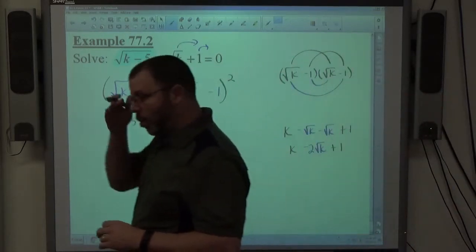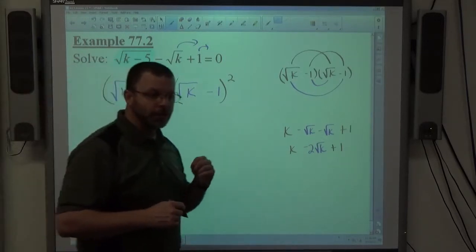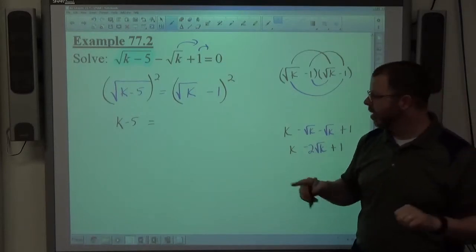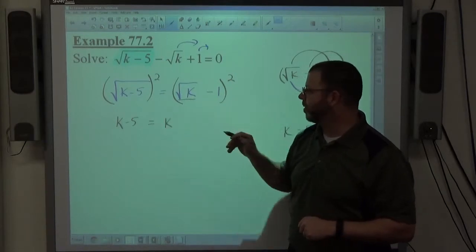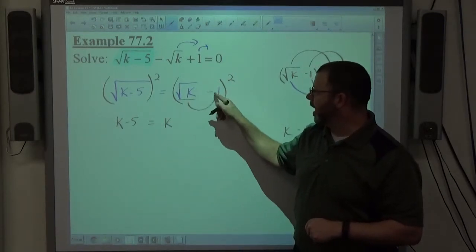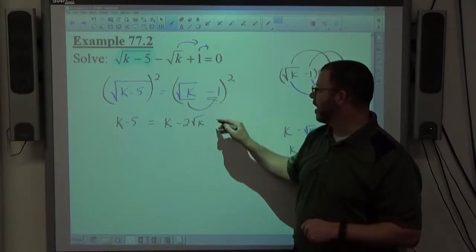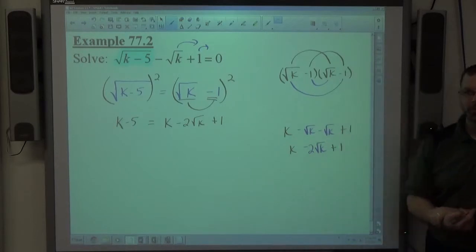I prefer, hopefully, that you become comfortable with this whole squaring a binomial idea. Squaring a binomial creates a trinomial. You square the first object: square root of k times itself is k. You double the product: negative square root of k doubled is negative 2 square root of k. You square the second object, plus 1. Squares are always positive. Same result.